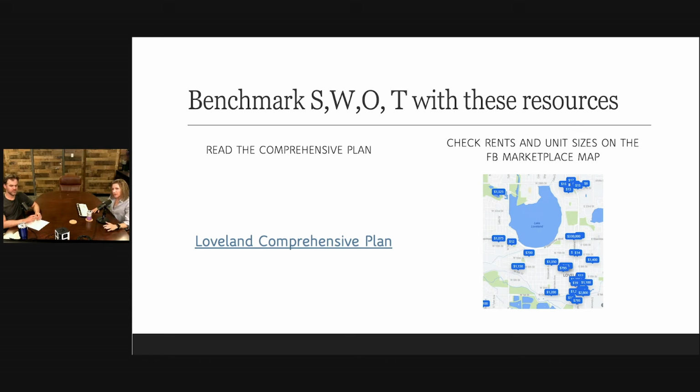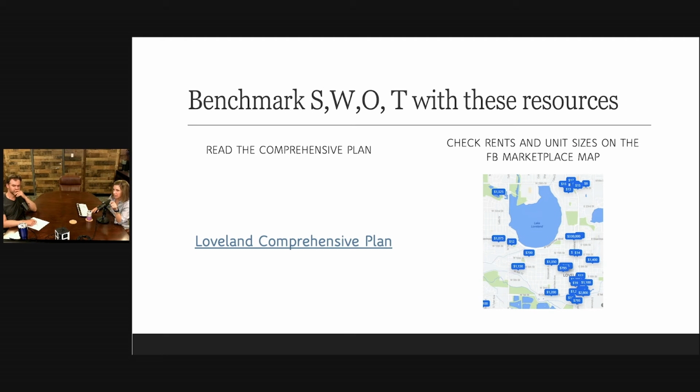The second one is that I'm a huge fan of Facebook Marketplace for rent checking. There are so many different places you can go, and some really obvious ones that a lot of people check, like Zillow or apartments.com. But here's why I like Facebook. They give you a map like this. So it's not just showing you the rents. You can click in and around your particular property.